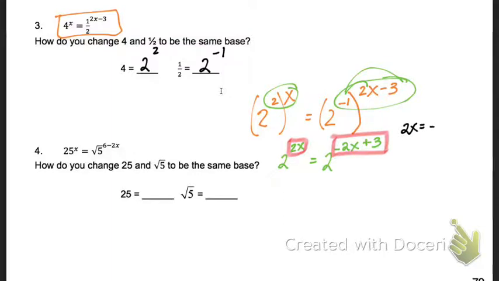So 2x equals negative 2x plus 3. So x equals 3/4.